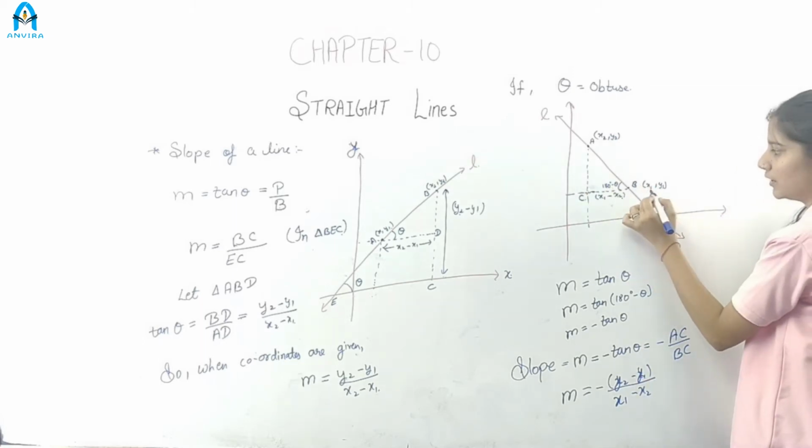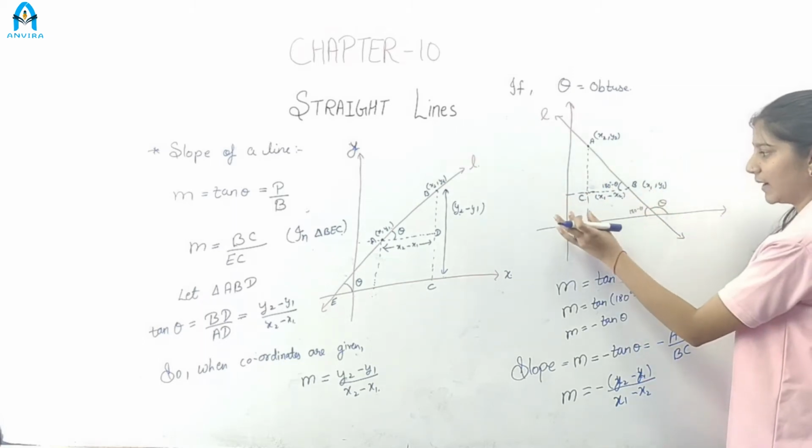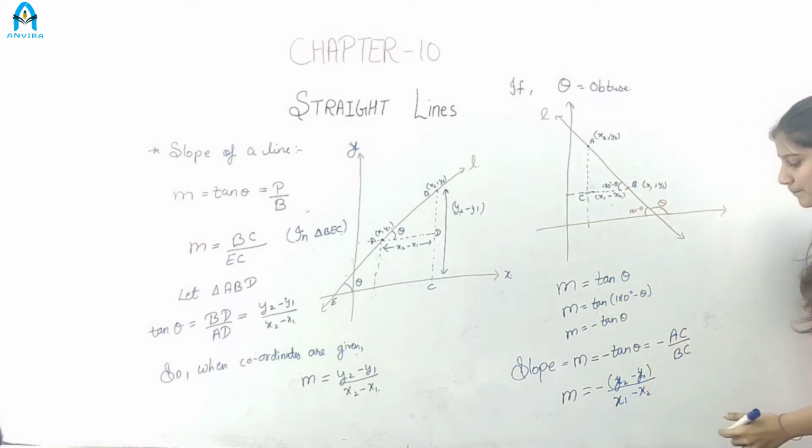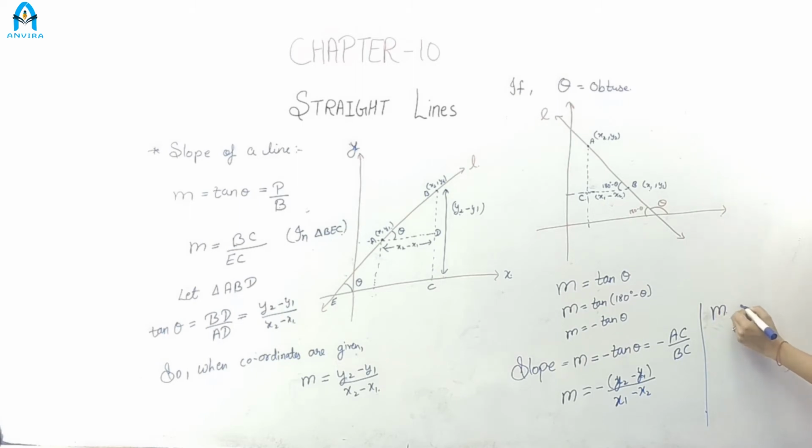Here this coordinate is our x1, so x1 minus x2 gives the length of BC. So m is given by minus of y2 minus y1 upon x1 minus x2, and if I change this to x2 minus x1, then I take the negative common. So m is given by again y2 minus y1 upon x2 minus x1.